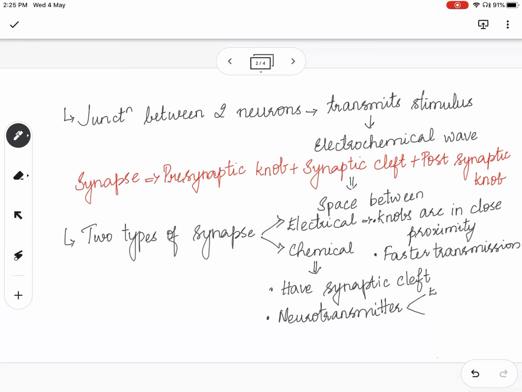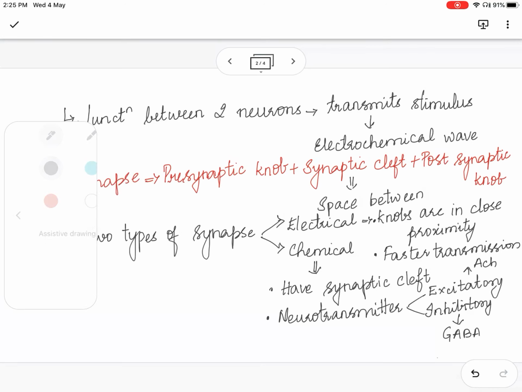One is excitatory, the other one is inhibitory neurotransmitter. If you have to give an example, one such example for excitatory is acetylcholine. The example you can give for inhibitory is GABA, that is gamma amino butyric acid. These are the general examples that you have to remember: ACh for excitatory, GABA for inhibitory.